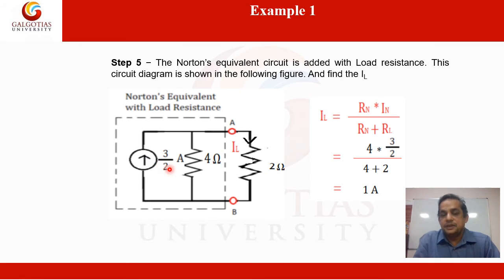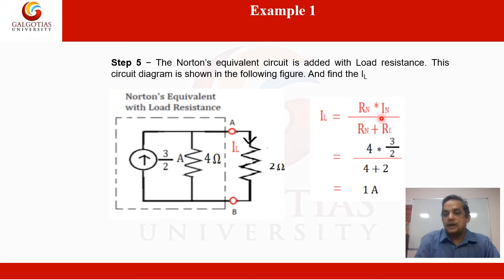Current IN is 3/2, RN is 4, and here the total resistance. Always remember that here we put RN in the denominator side, and in the numerator side we put the opposite resistance, the resistance other than the one where we are finding the current.